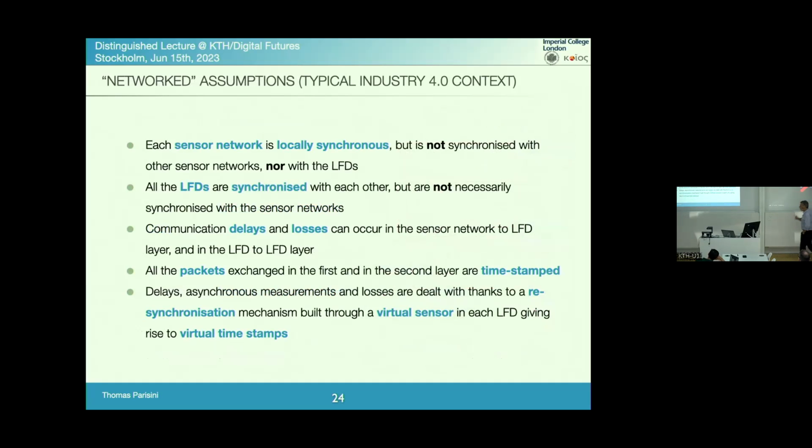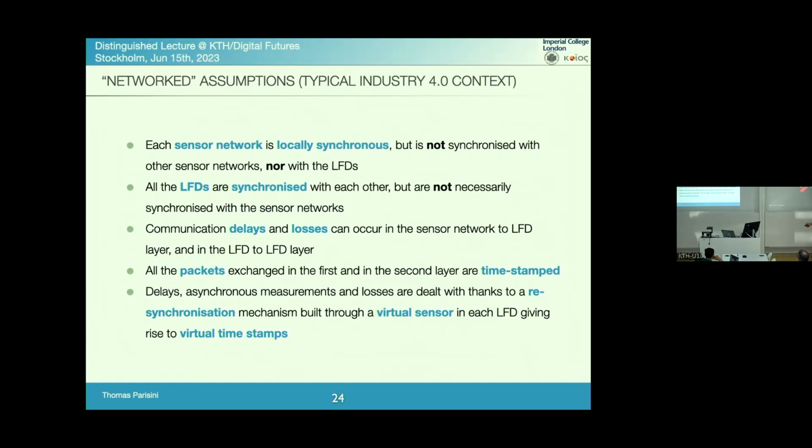And here is the first point where the digital twin comes into the picture, okay? Let me explain why. Because basically the way you do it is very standard, for example, in distributed model predictive control, right? Where you have your virtual timestamps, okay? And you try to synchronize them, but how can you do that in practice?